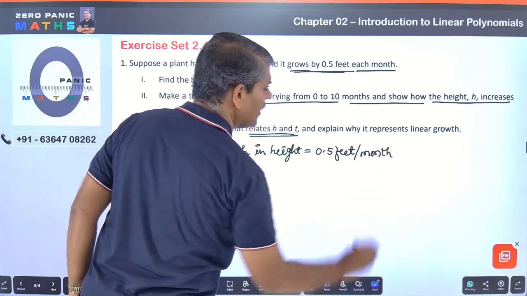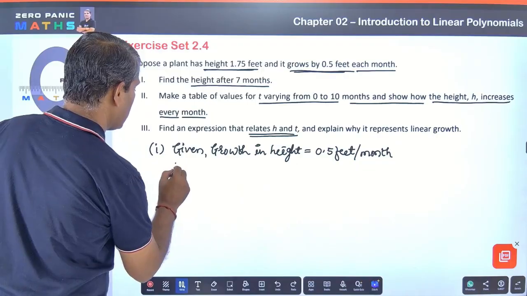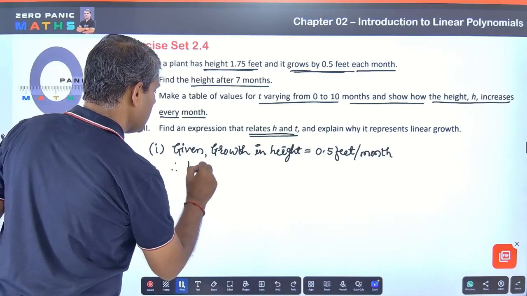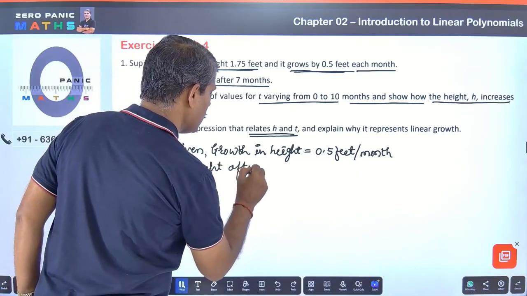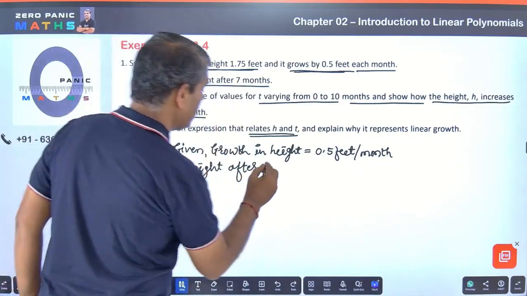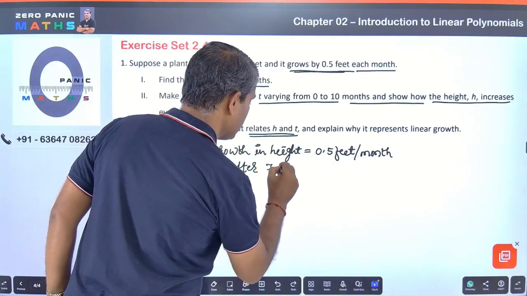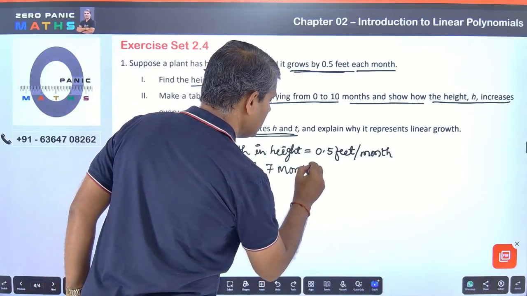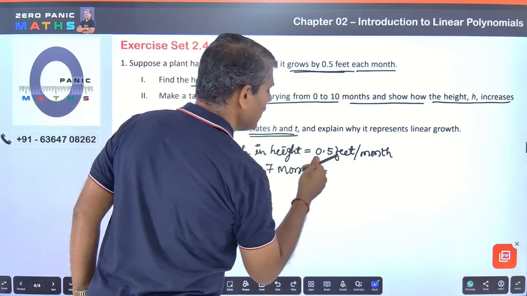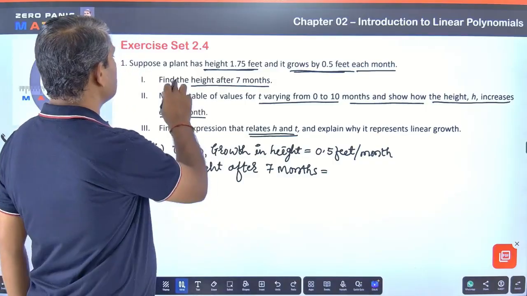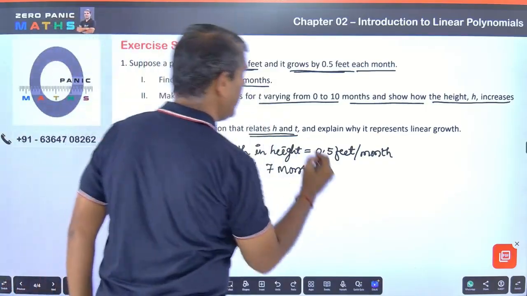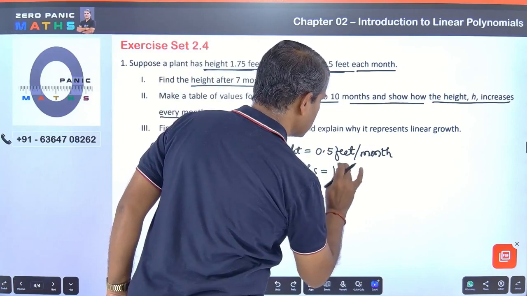So that is given. Therefore the height after 7 months is the initial height plus the growth after 7 months. Initially it is 1.75.